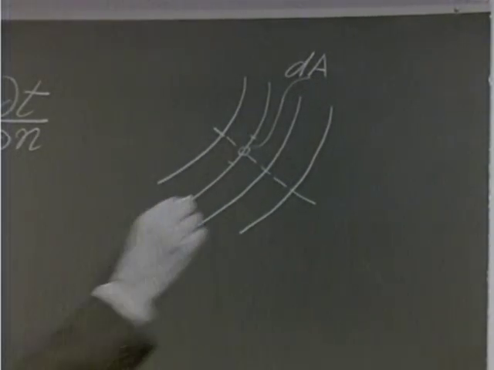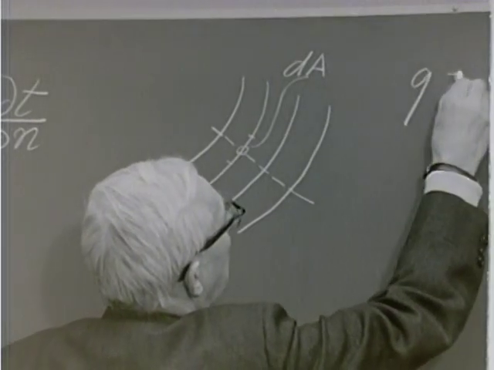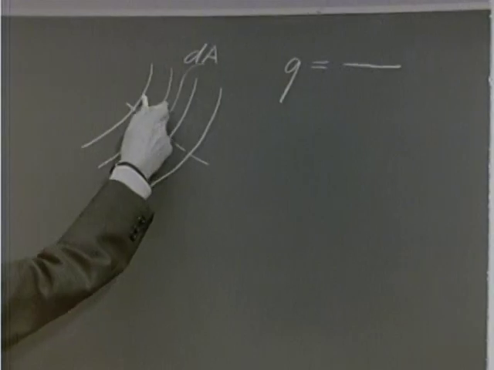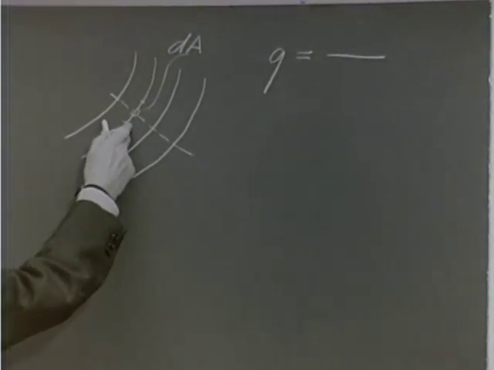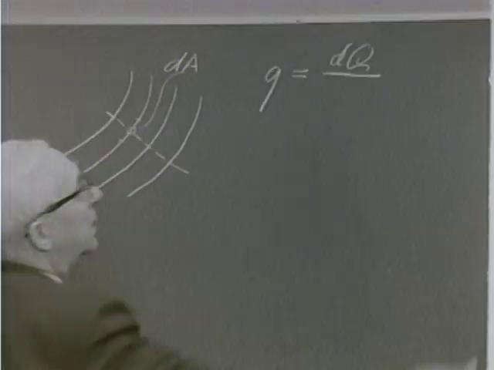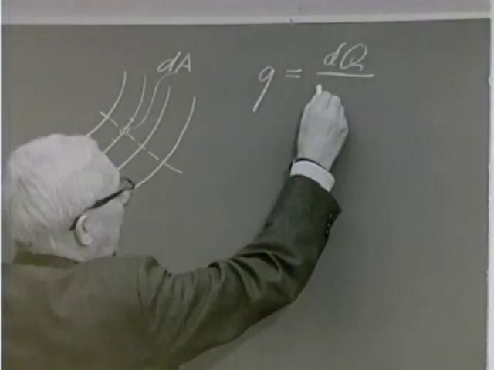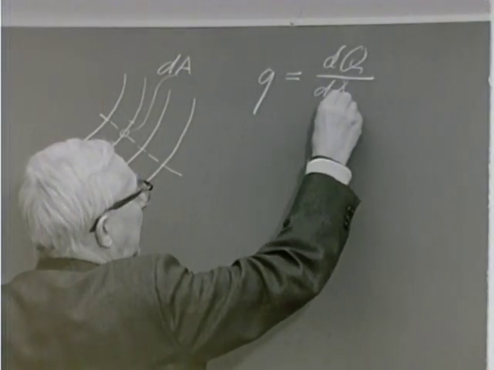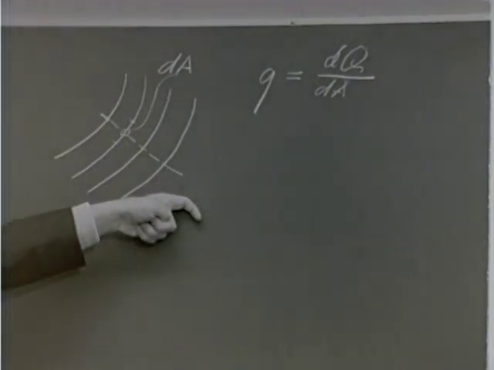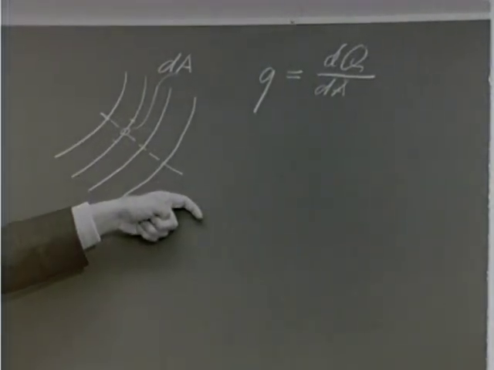Then the heat flux would be q equals the amount of heat which per unit time flows through this surface area, which will again be a very small quantity, dQ, divided by dA, so that we get the heat flux per unit area. Then along this normal we measure the temperature variation.